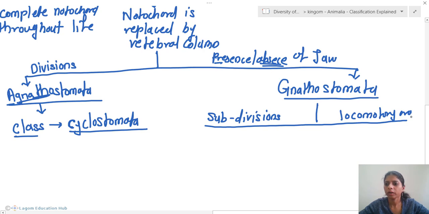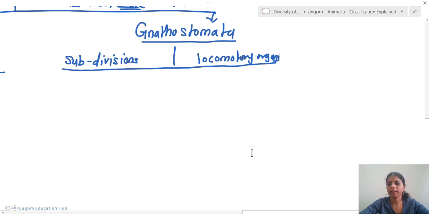Gnathostomata is divided into subdivisions on the basis of locomotory organs. Now the aquatic Gnathostomata basically swim with the help of fins. So locomotory organs are fins.